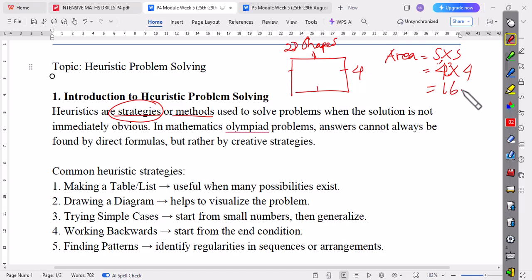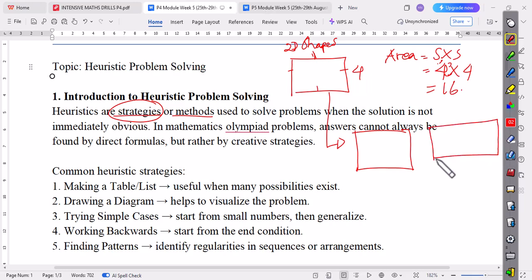The way to solve it is that you have the formula and you have all the numbers and you find the answer directly. Heuristic problem solving is the way to solve high level questions. Let's say about two-dimensional shapes, we have a question like a square, and here a rectangle.